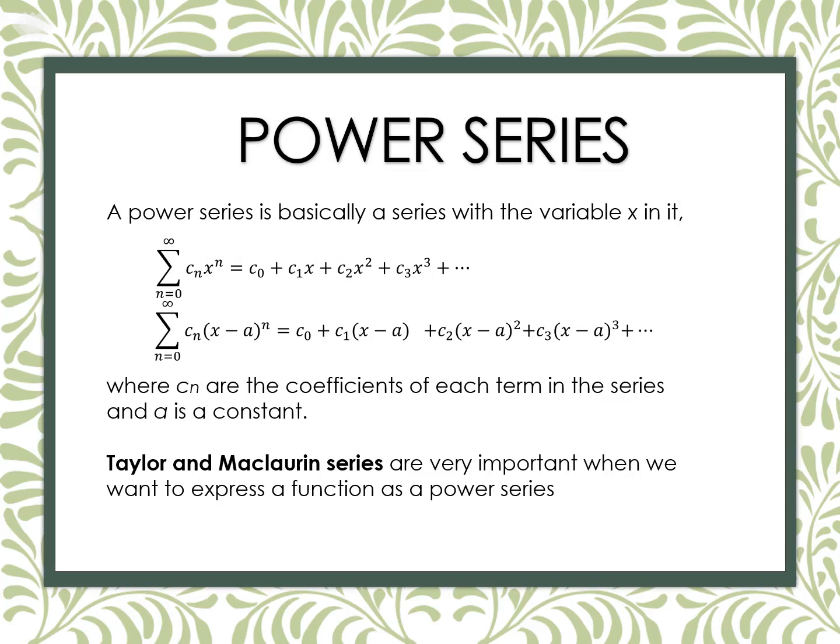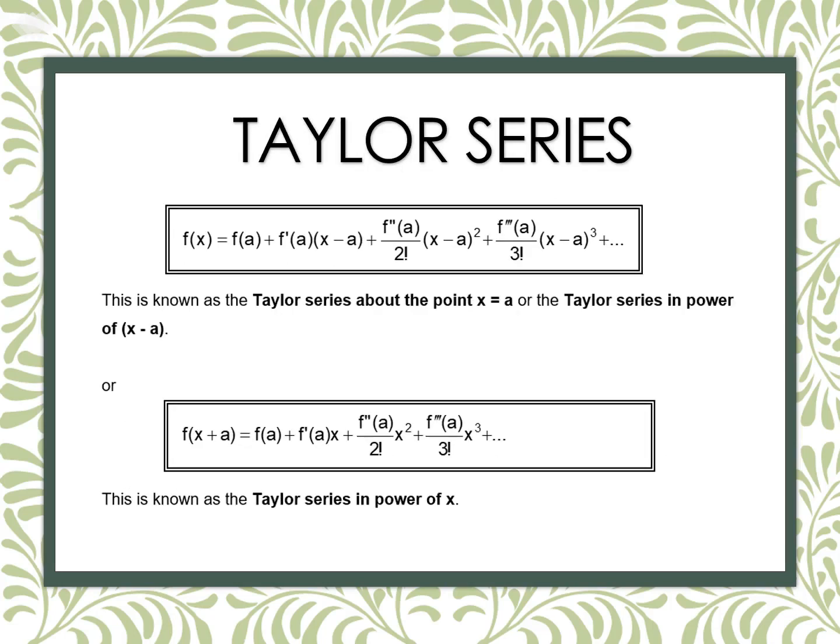Generally, power series is represented as an infinite sum of Cn x to the power of n or Cn (x minus a) to the power of n, where Cn here are the coefficients of each term in the series and a is a constant. Taylor and Maclaurin series are very important when we want to express a function as a power series. Let's start with the Taylor series.